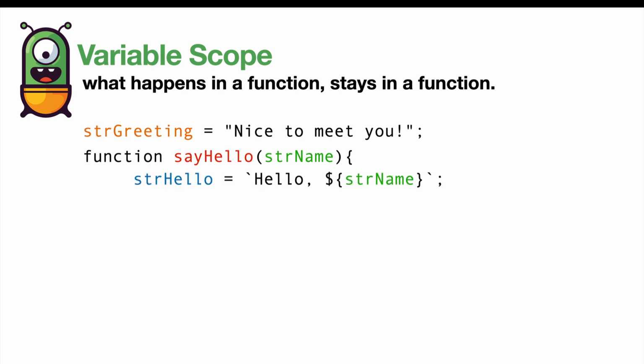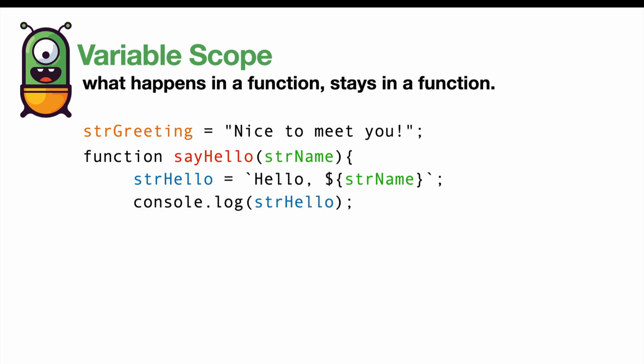Inside that function, we create a string called strHello, and it says hello, and then it inserts strName into a template literal so that it'll say whatever the name is. It'll say hello Bill or hello George or whatever. And then we write that to the console.